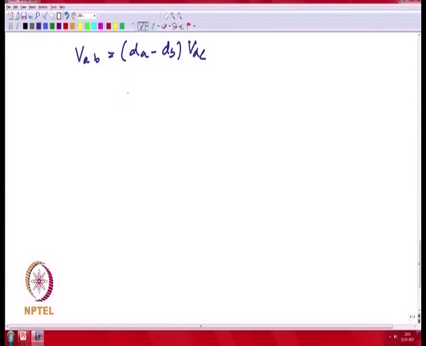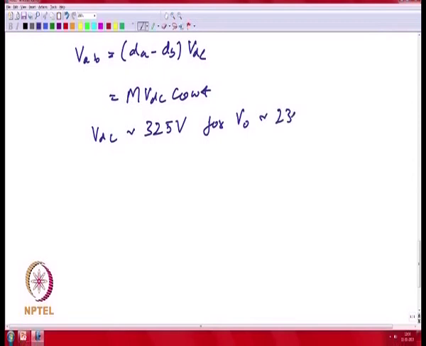So VAB can be written as m VDC cos omega t, and if we are trying to synthesize a 230 volt AC output, you are talking about VDC of the order of 325 volt for VO of 230 volts RMS.